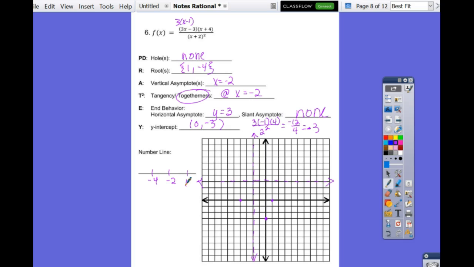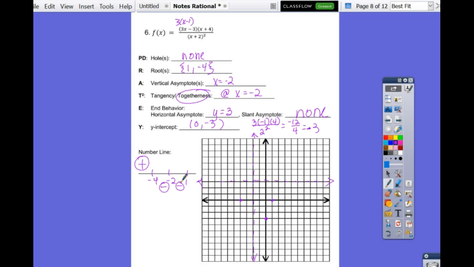So if you test and you put the -5 in there, I get a negative times a negative, which is a positive, divided by a positive. So that gives me positive. If I test a -3, I get a negative times a positive, which is a negative, divided by a positive, so this is negative. If I test 0, I get negative over positive, which is negative.